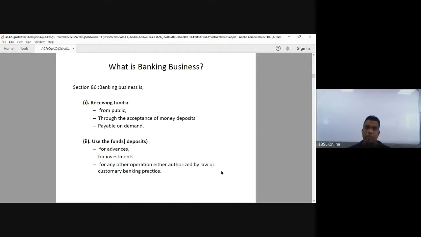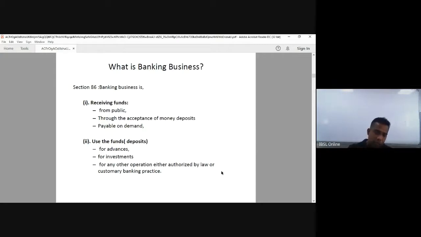If it is not an illegal transaction, the bank can do any transaction and generate income. For example, banks can do leasing. They do hire purchase business. They are into many other businesses. They have credit cards, housing loans, various types of businesses. Bank guarantees, right? You name it, we have more than 100 products that we give to customers and we generate income.